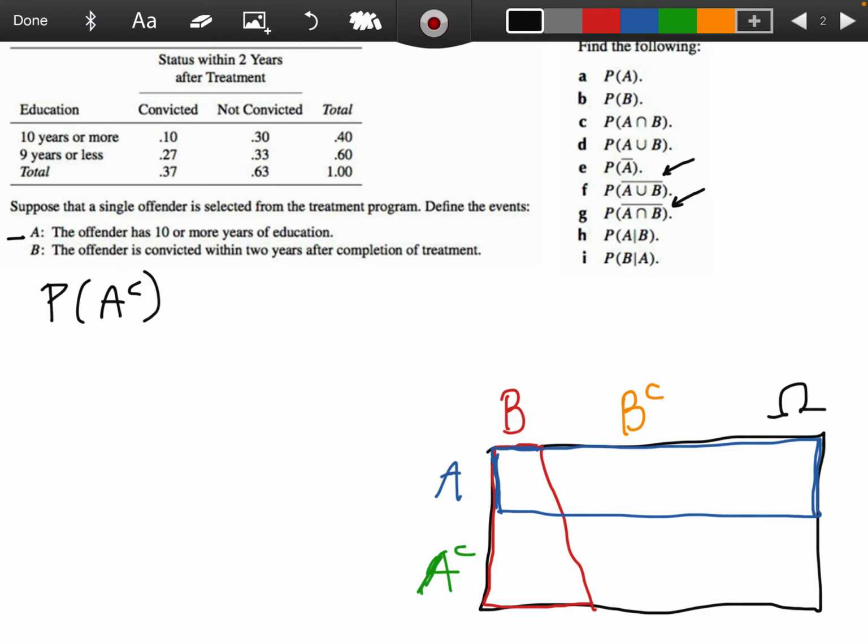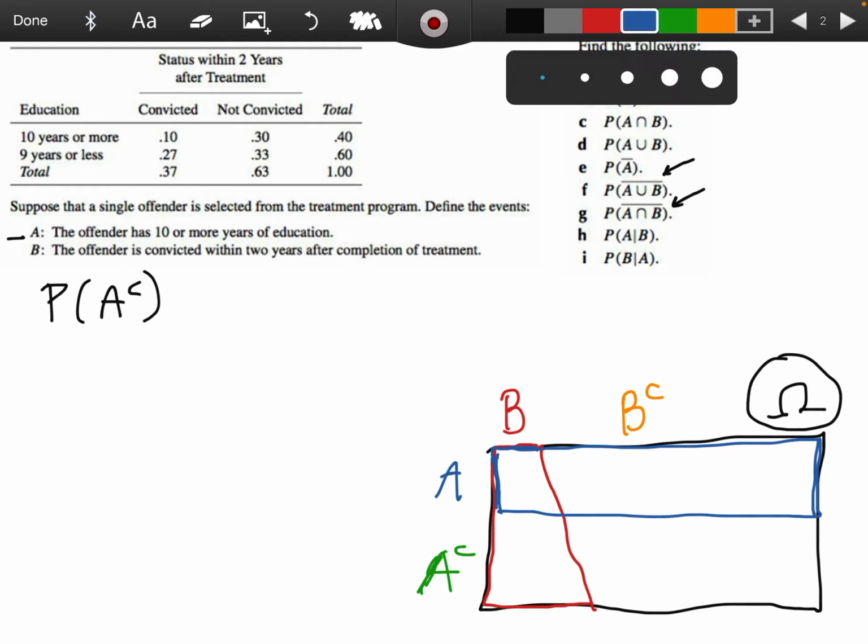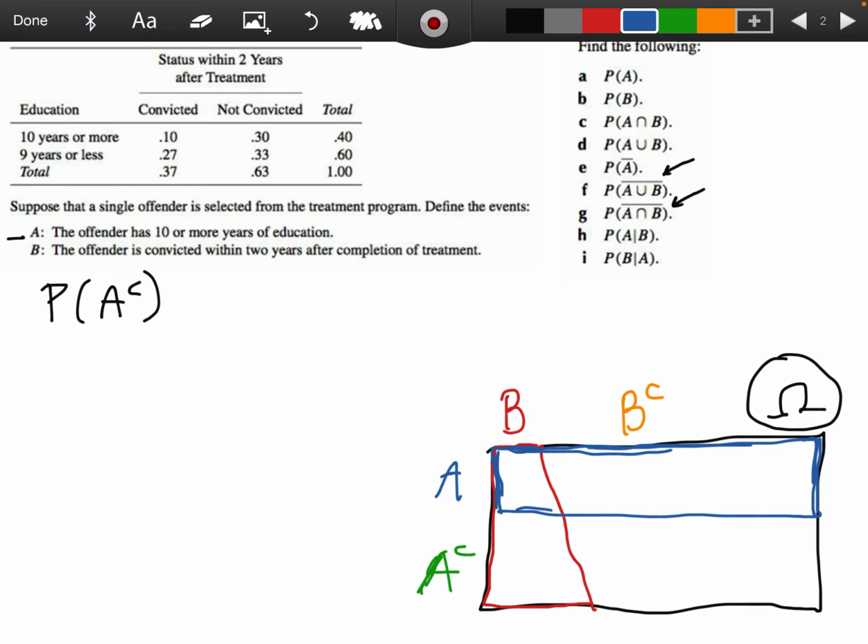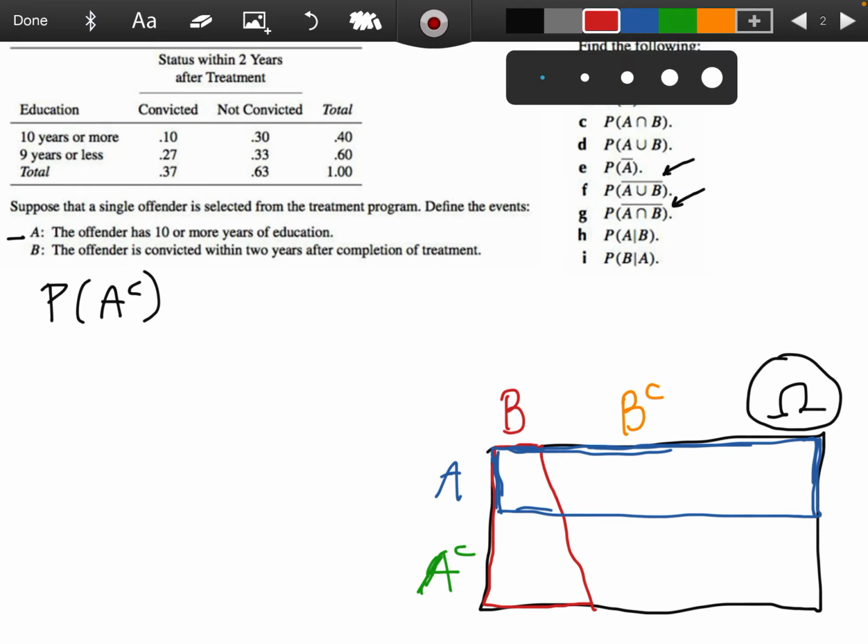I've also put together a Venn diagram here, which shows a visual depiction of the entire sample space, the entire exhaustive set omega, which is the rectangle, and we've got a blue rectangle representing the event A.